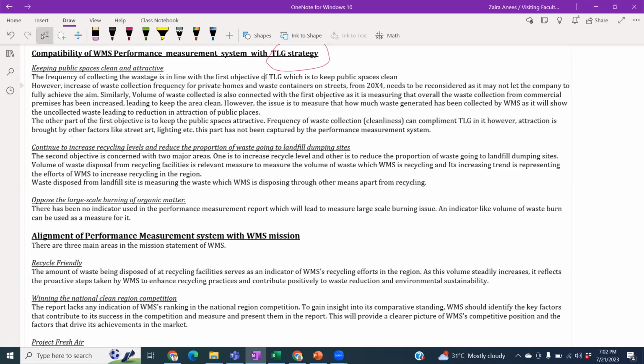Similarly, if you are going to a road and you see nice street art, you will get attracted towards it. Or maybe lighting, or if these are public spaces, maybe Wi-Fi. For example, you just want to spend some time somewhere and you are unable to find any Wi-Fi connection. Probably you will not get attracted toward that place, irrespective of how clean it is, right? So attractiveness can be something else.